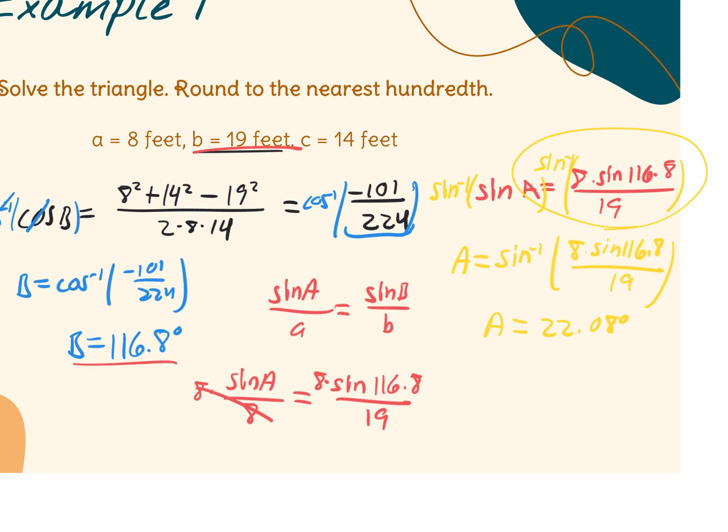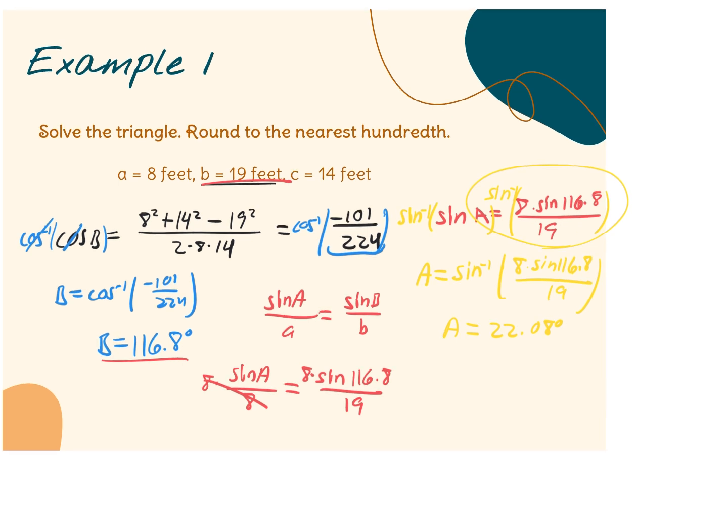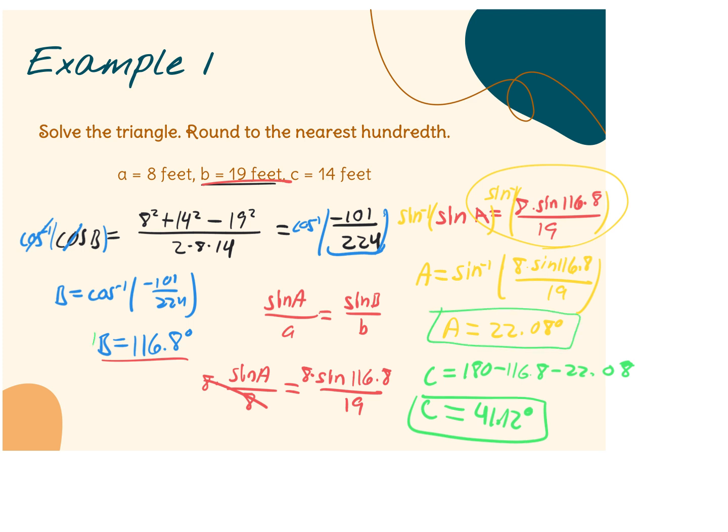So we have so far angle A, angle B. All we have to do now is add up our angles and subtract from 180 to find C. So to find angle C, I would do 180 minus 116.8 minus 22.08. And then this gets us 41.12 degrees.